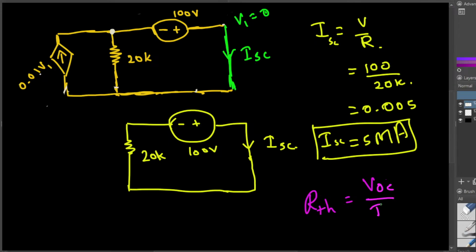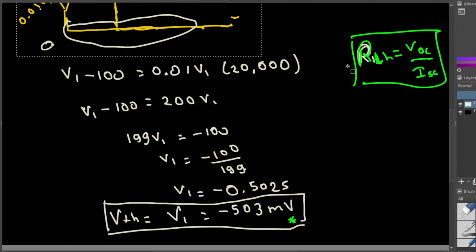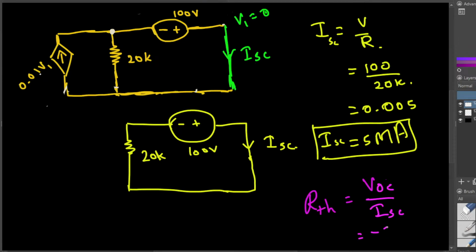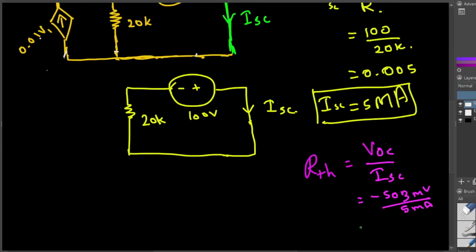VOC we calculated as negative 503 millivolts, and the ISC as 5 milliamperes. If you divide this by this, you get negative 100.5 ohms. This is the RThevenin.